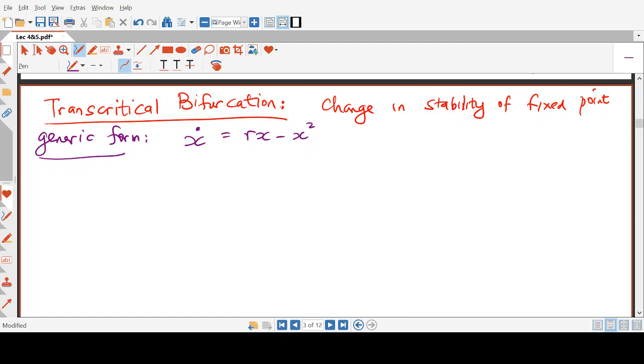That changes the game altogether. So let's do the usual fixed points. It will be rx minus x squared equal to 0. This means that x times (r minus x) equals 0. x equals 0 or x equals r.